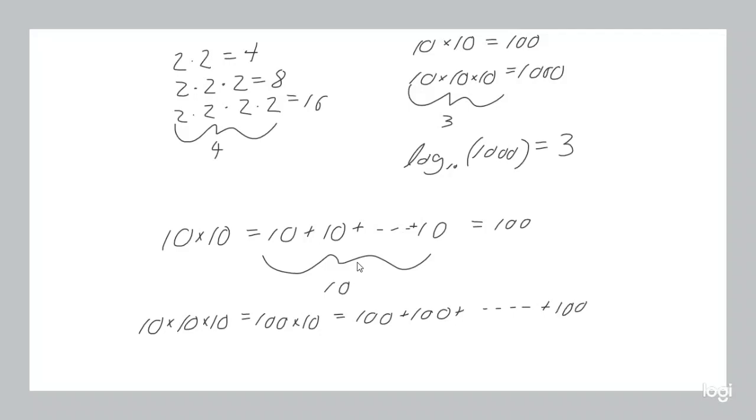How many 100s are we adding up? 10 of them. Add up 10 100s, you're going to get 1,000. Right? That's our 10 to the power of 3 right there. That's our 10 to the power of 2 right there.